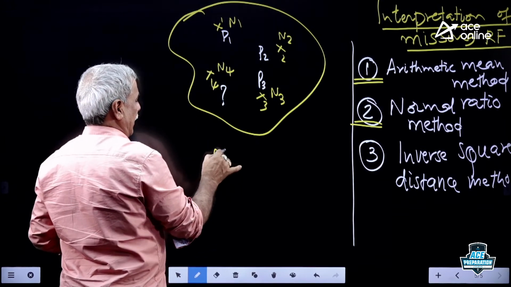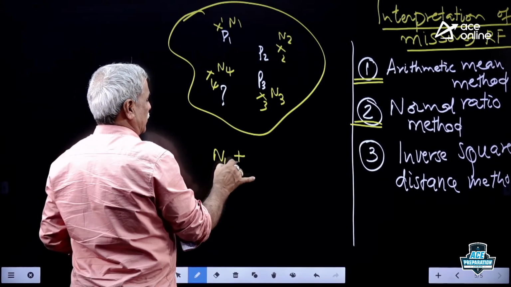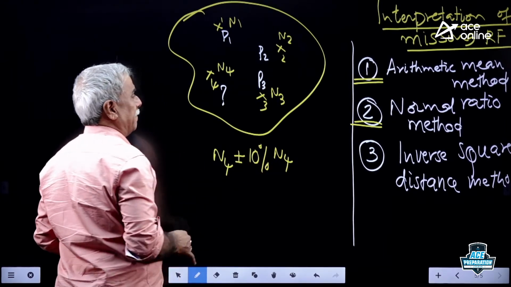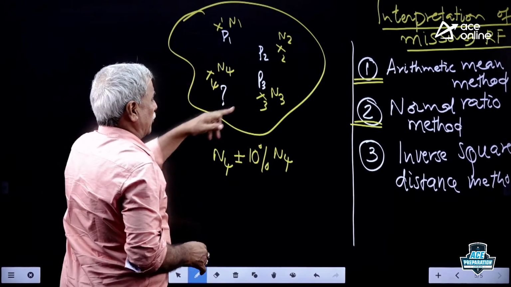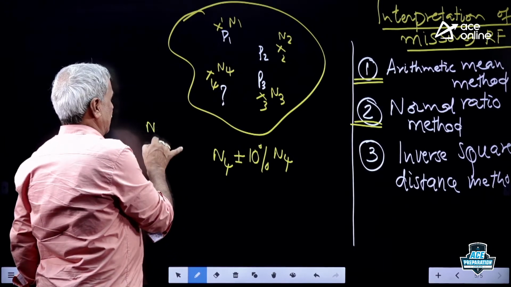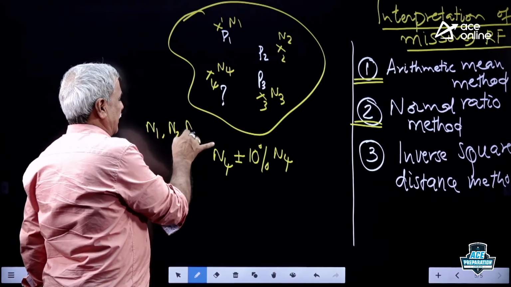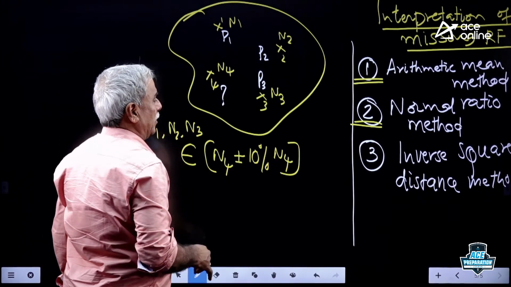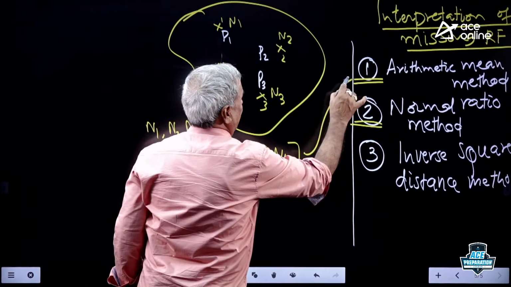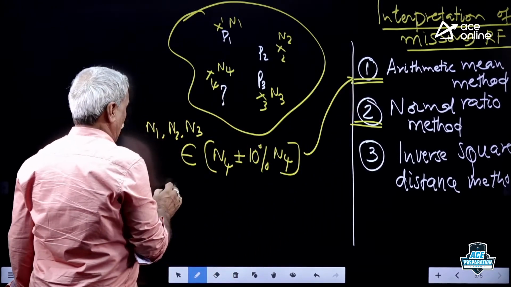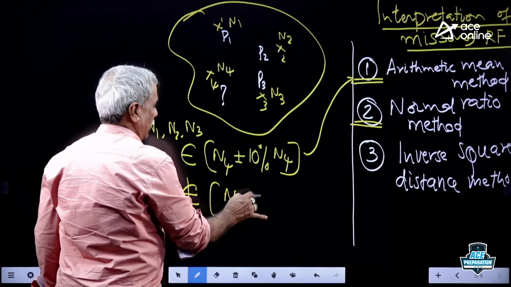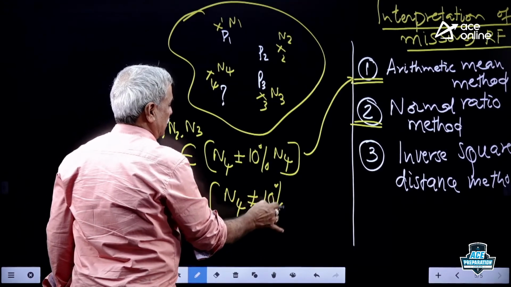N4. Take closer margin of N4 plus or minus 10% of N4. If all the operative rain gauge stations N values, N1, N2, N3, all will belong to this category, go to arithmetic mean method. At least anyone does not belong to this, N4 plus or minus 10% of N4.